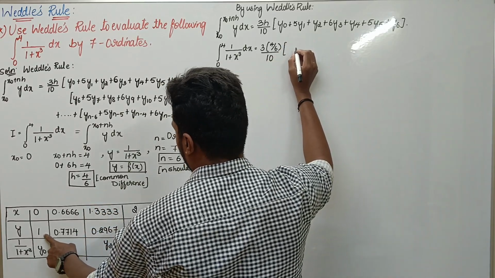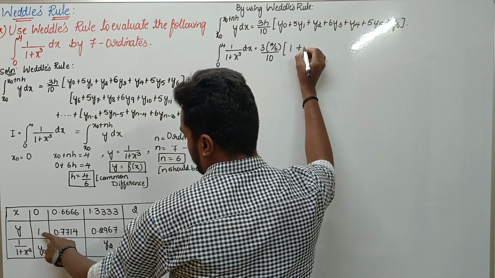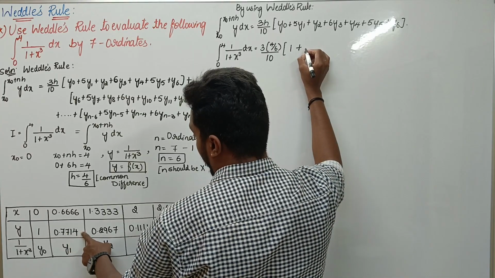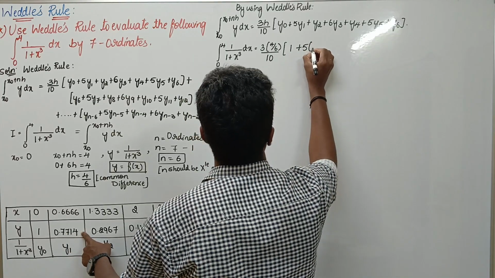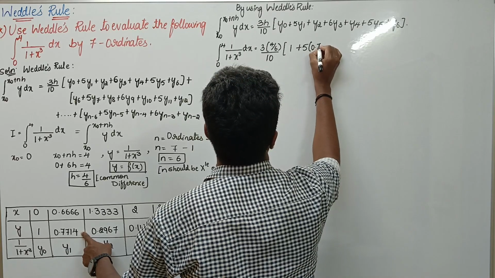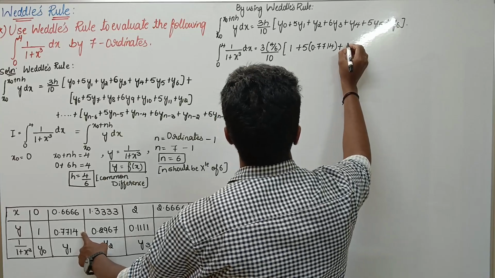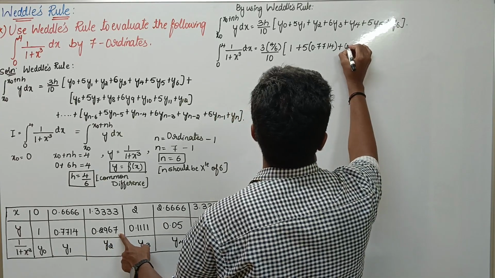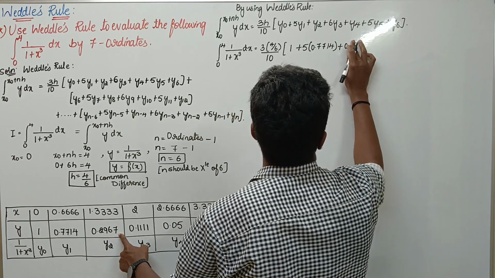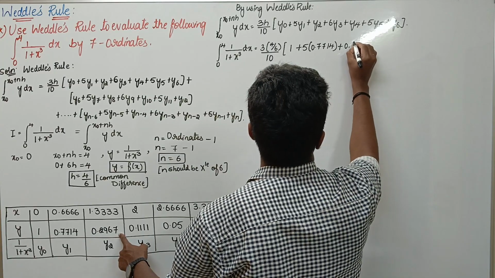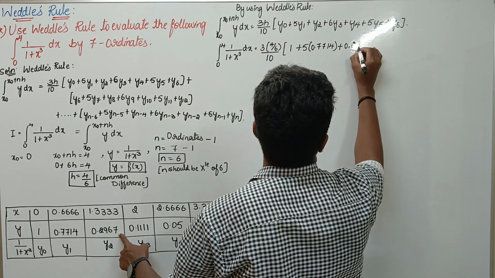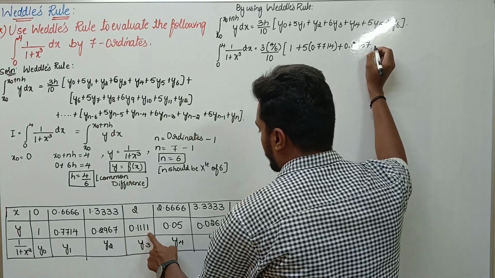What is y0? 1 plus 5 into y1, 0.7714 plus y2, that is 0.2967 plus y3.